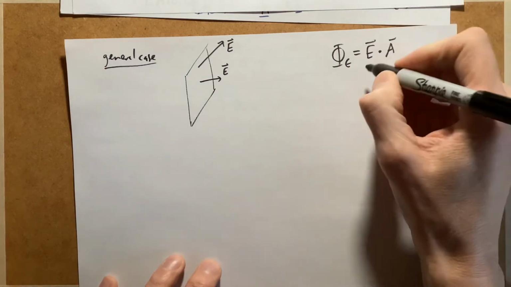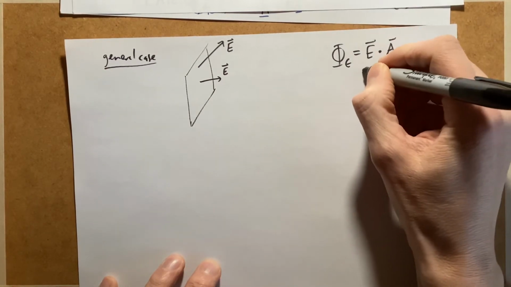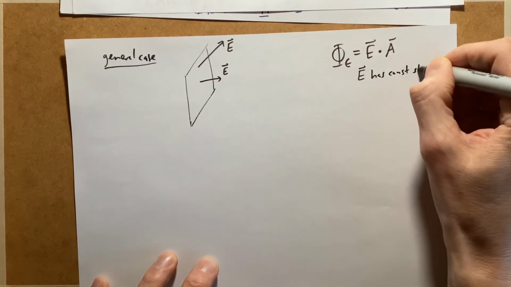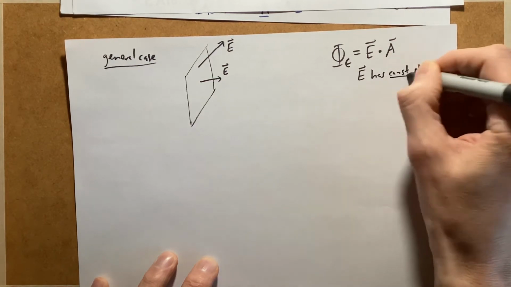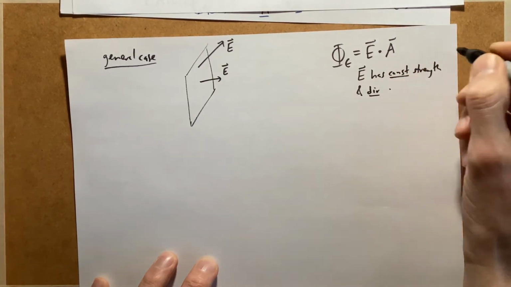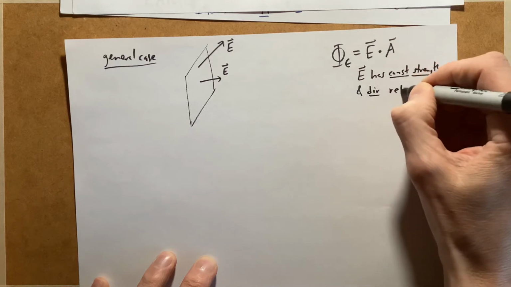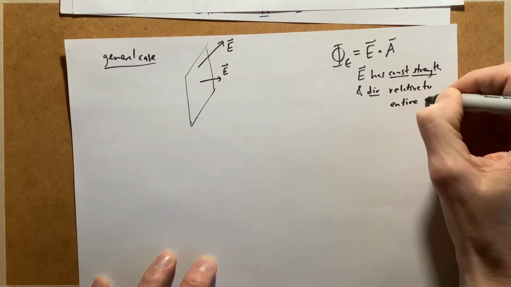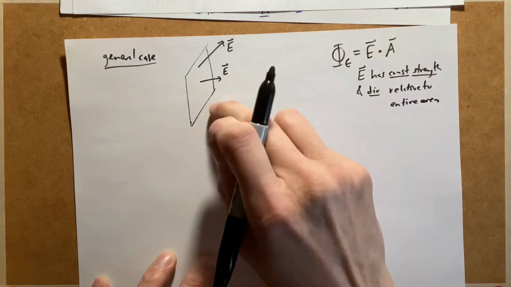So it essentially assumes that the electric field has a constant strength and direction relative to the entire area. And that's clearly not the case here.